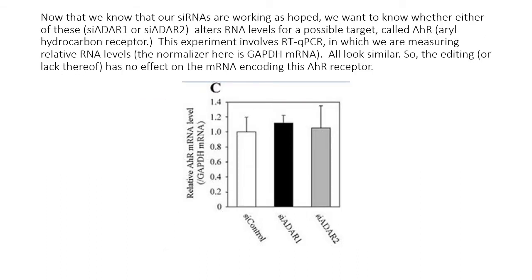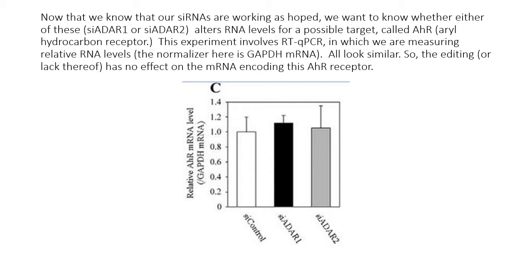Okay, so now that we know our silencing RNAs are working as hoped, we want to know if there's any effect on a different gene, the aryl hydrocarbon receptor, AHR. In this experiment, we're not looking at protein levels. We're looking at RNA levels, comparing cells containing the silencing of ADAR1, ADAR2, and a control, and their effects on the aryl hydrocarbon receptor RNA.